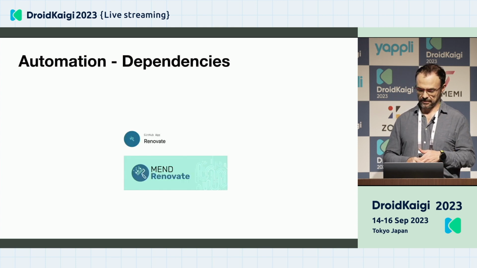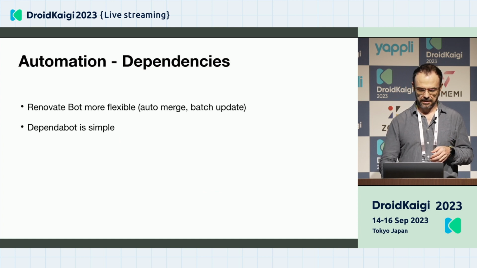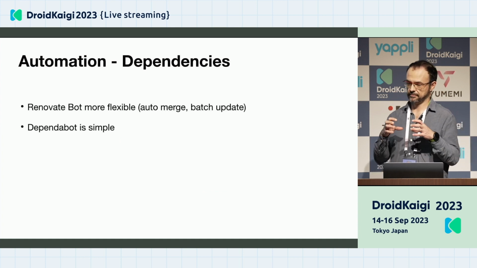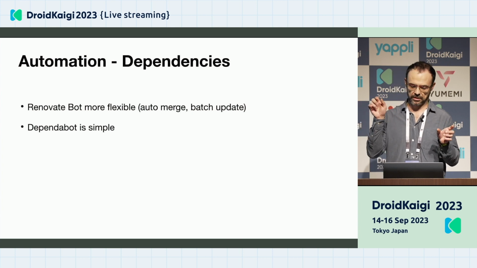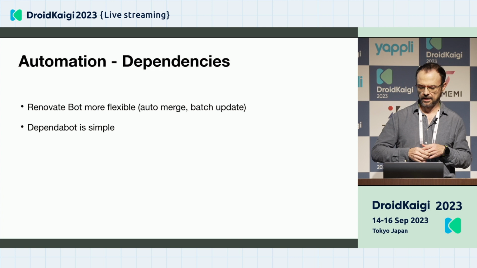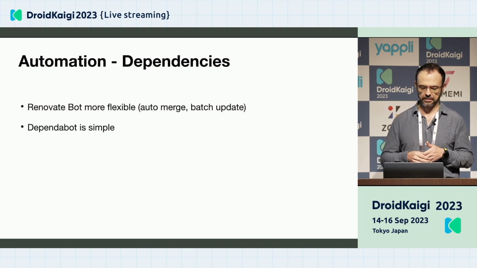Renovate is an app that you need to install on your GitHub, so it's a little bit different. And Dependabot is a configuration file that you need to add, something like dependabot.yml. And then automatically, every time there is a new version of your library, they will make pull requests that you need to approve and check and set up.